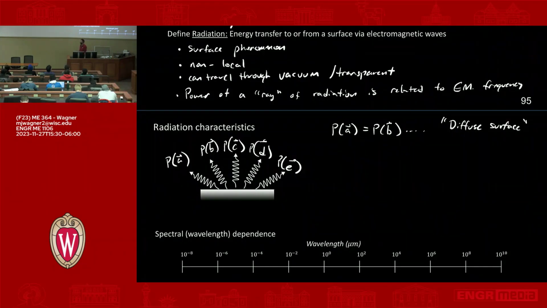Whereas if you look at a mirror, or some other surface where there's a really strong preference for direction, then it's obvious that where you perceive the light coming from is really affected by the surface. What we're going to assume in our modeling of surfaces is diffuse surfaces almost entirely.